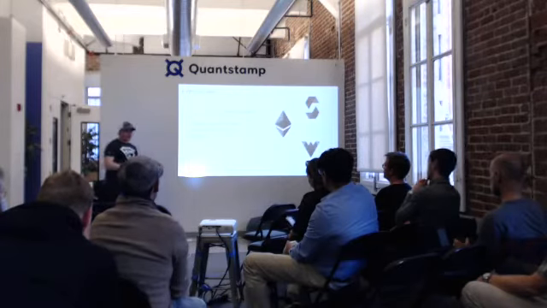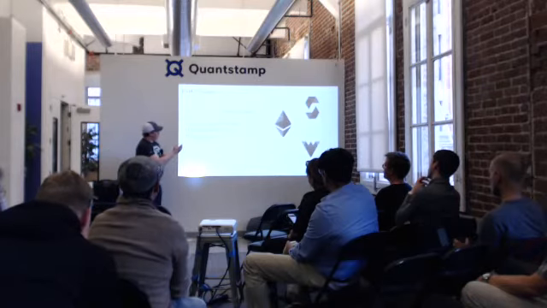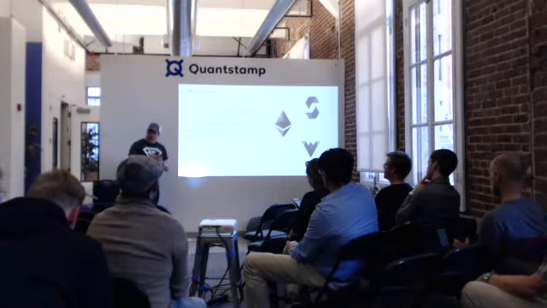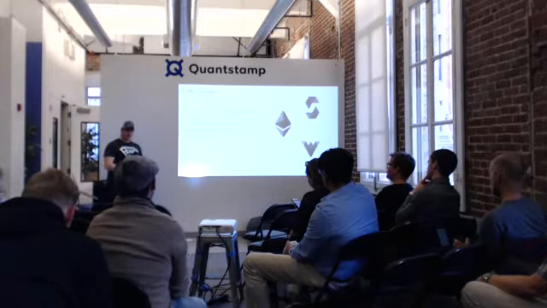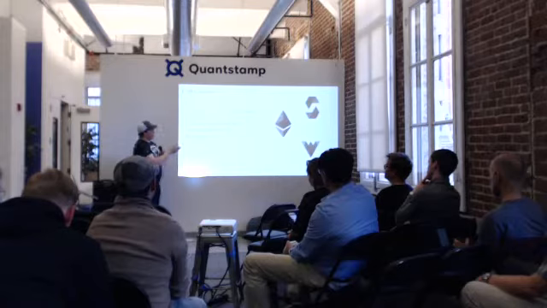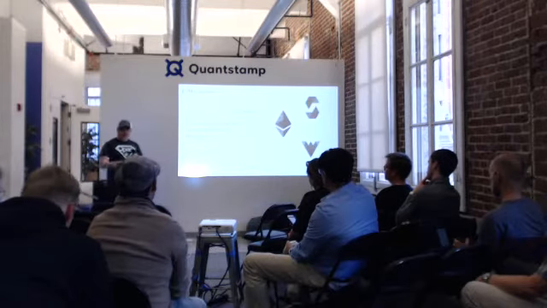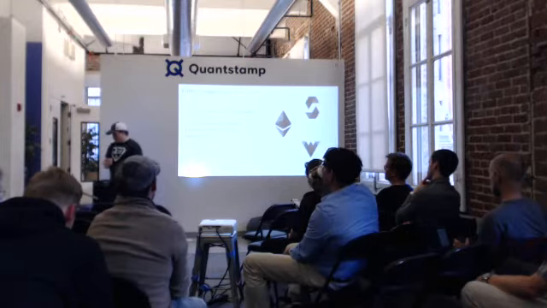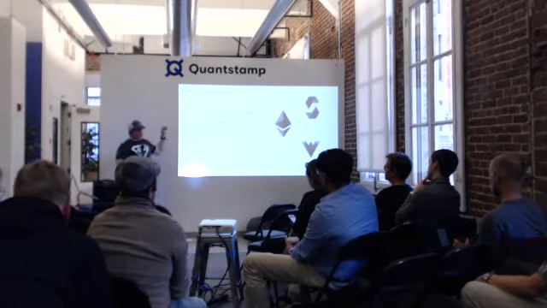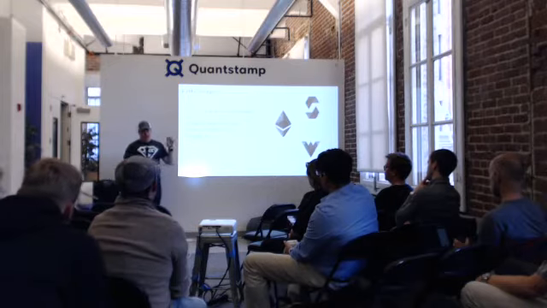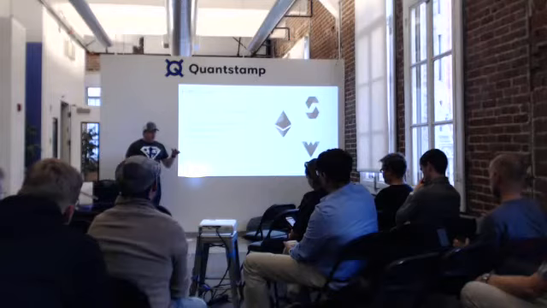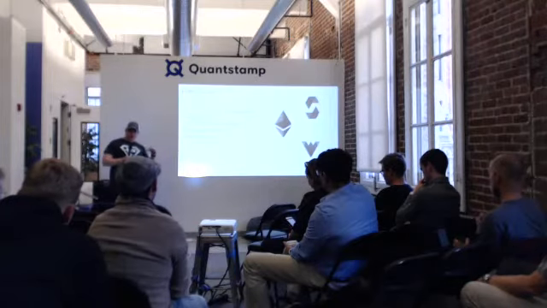An interesting aspect of the EVM is that contracts have accounts. Once you deploy a contract, the contract is in the ledger of Ethereum, and it is reachable at an account. You invoke the contract by talking to it. Gas is another interesting aspect of the EVM, basically a rate limiting effect in that you have a certain amount of gas that you're allowed to spend when you invoke a contract.